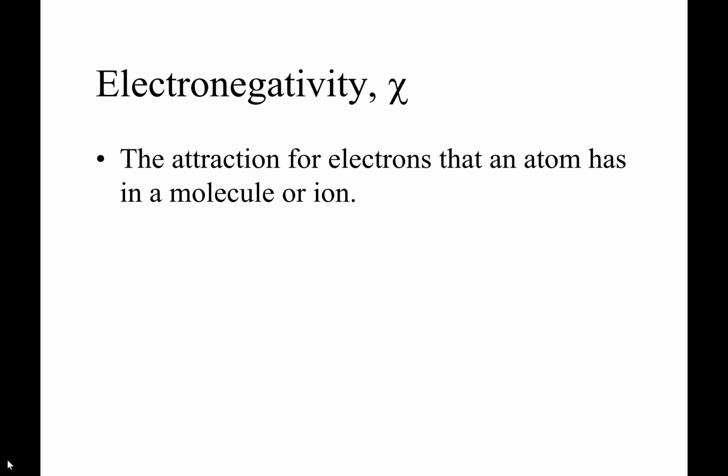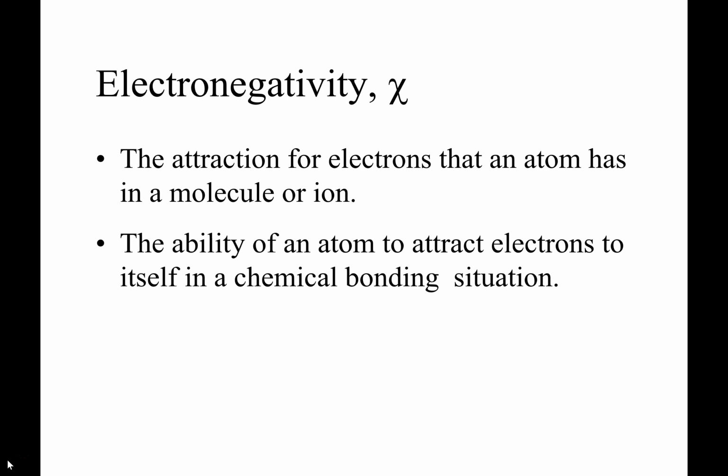They usually come in pairs, so you know you're going to have 2 electrons between those 2 atoms. But who's going to tug on it more? That is indicated by the electronegativity value of atom A or atom B. So electronegativity, chi, is the pull that an atom has for electrons in a bonding situation.